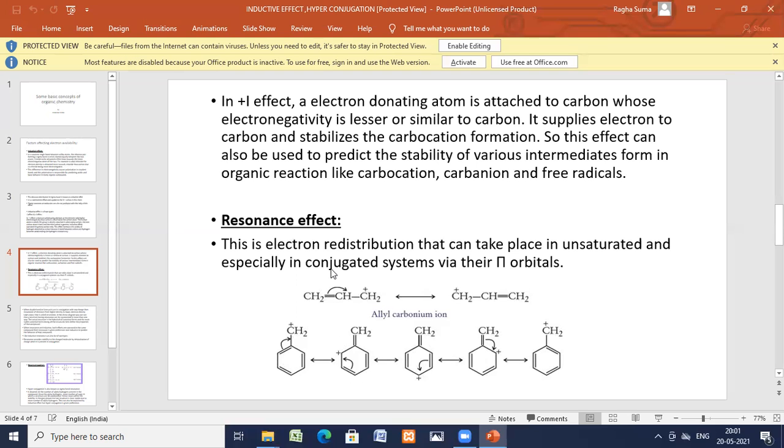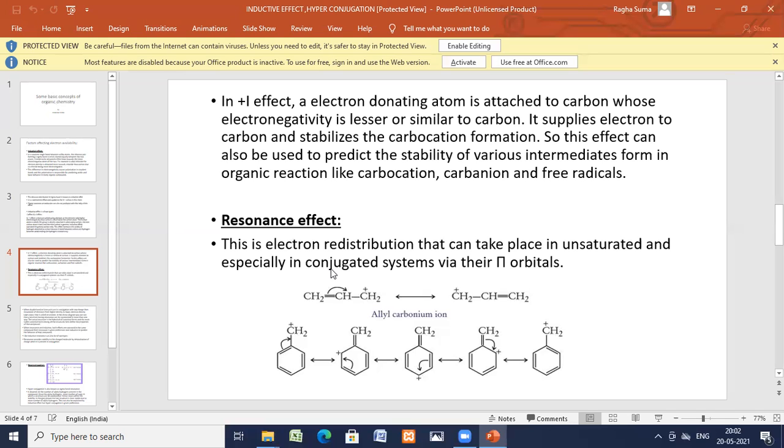Everywhere you can see this resonance effect, in all benzenoid, non-benzenoid or aromatic compounds, having alternate pi bonds and non-bonding electron pairs.